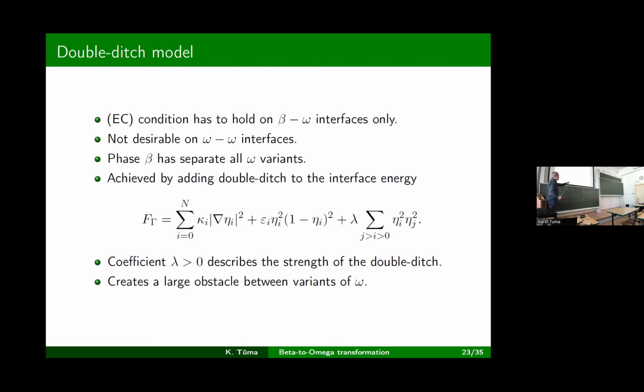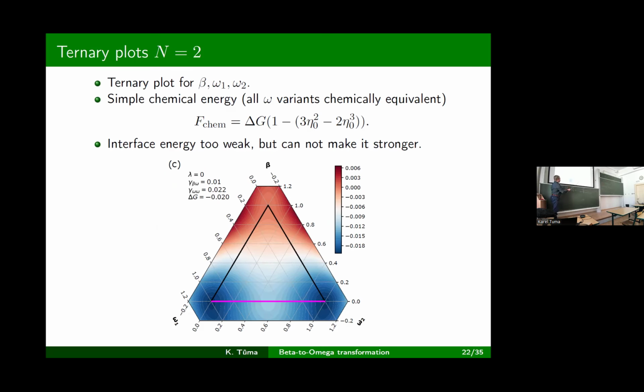And of course, adding this term will destroy our evolution consistency condition. But it will destroy it only on the edge gamma omega omega. So what does it mean? It means that it will kick away. So if it happens that the point in the material is on this edge, directly on the interface omega 1 omega 2, it will kick it away towards beta, and it will not stay there. And this relaxation of the evolution consistency is exactly what we want.